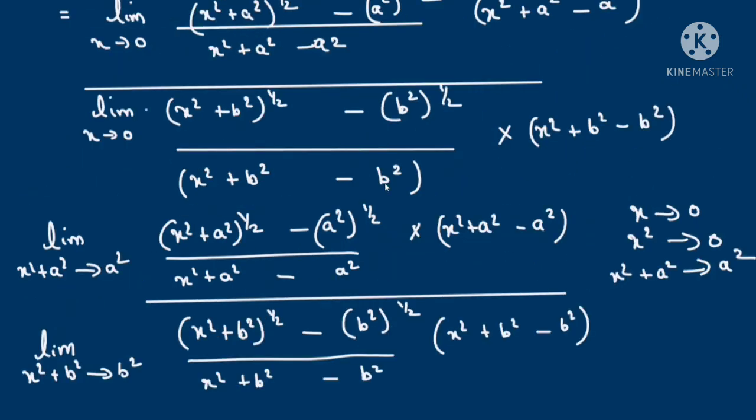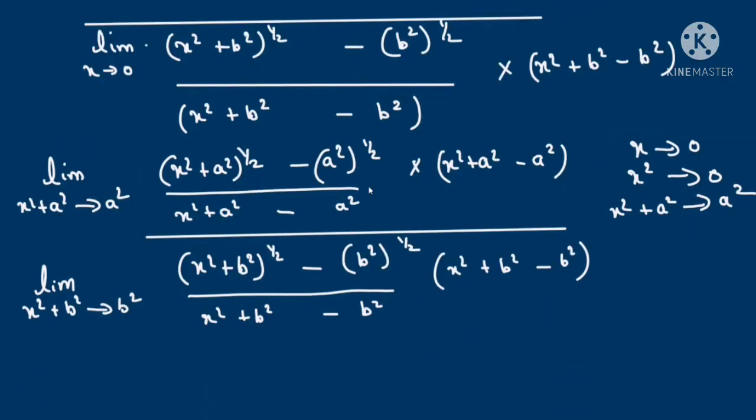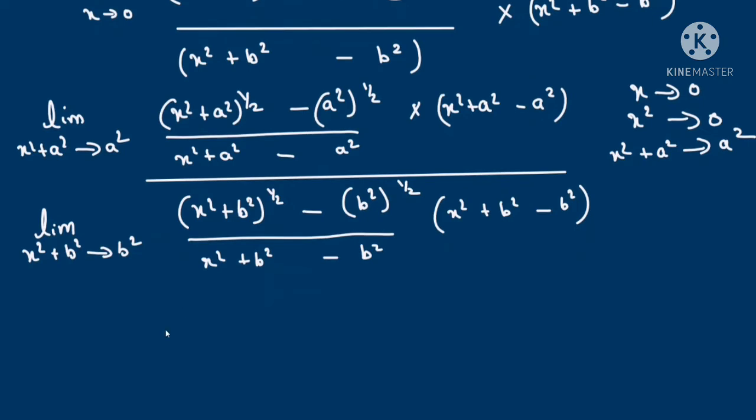Now we can use the formula limit x tends to a, x power n minus a power n by x minus a is n into a power n minus 1. So this term is this term. When you apply the limit formula, n is half, into a, in the place of a you have a square.